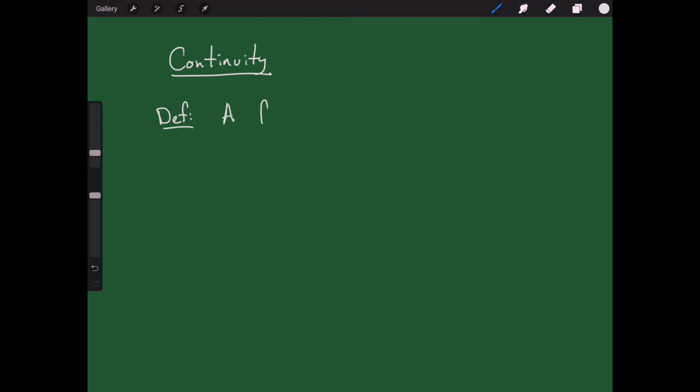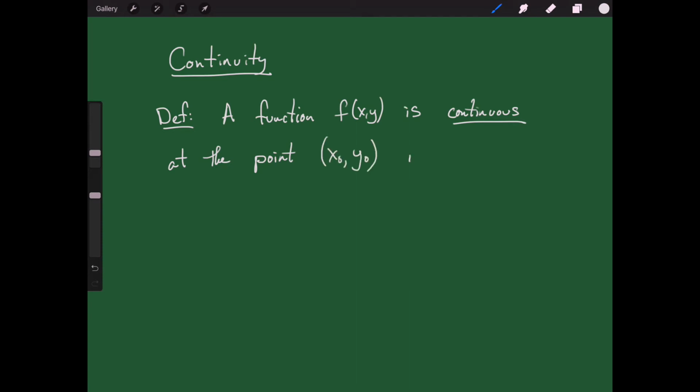A function f of x, y is continuous at the point x sub 0, y sub 0, if a couple of things are true.